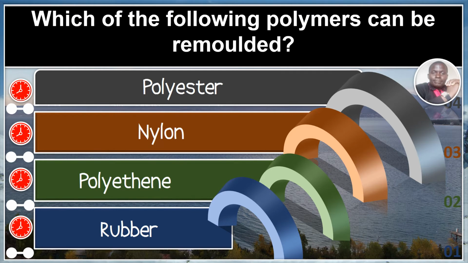Which of the following polymers can be remoulded? Polythene.